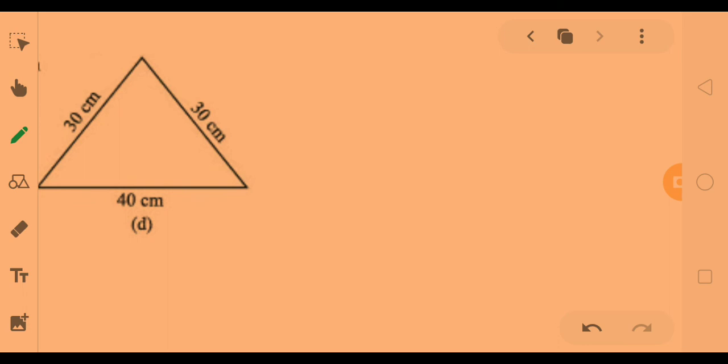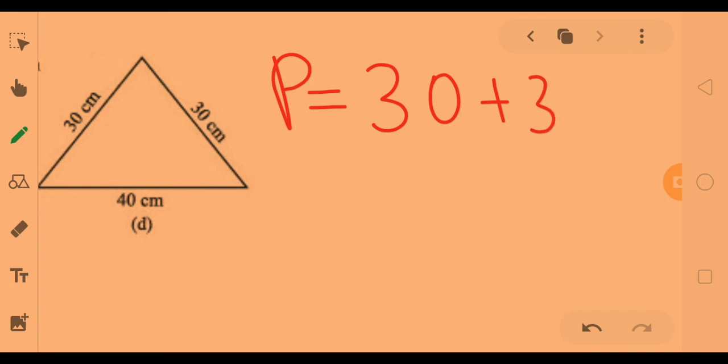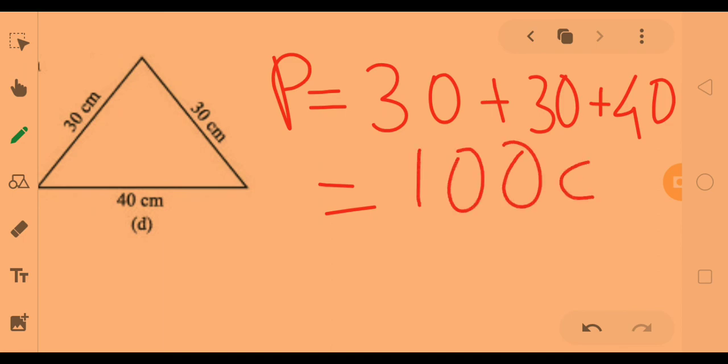Then the last diagram, it's a triangle. So how do we calculate the perimeter of triangle? We add the measures on all the 3 sides. What are they? 30 plus 30 plus 40. So how much we get? 30 plus 30, 60. 60 plus 40, 100. So 100 centimeter is the perimeter of this triangle. So what do we observe?